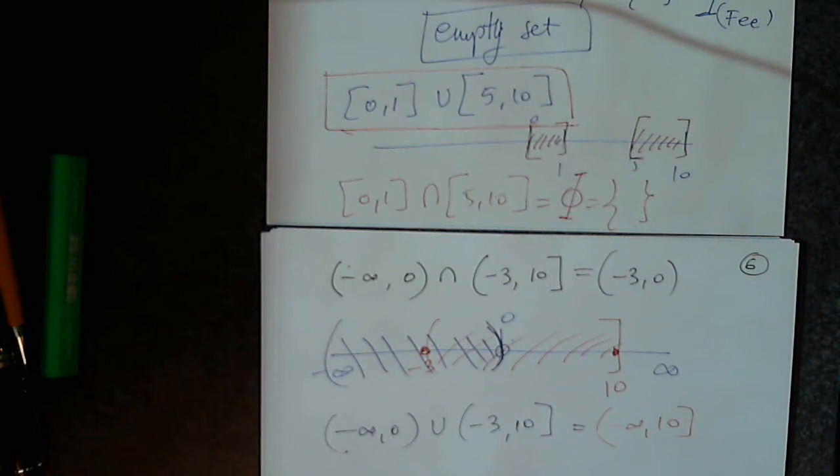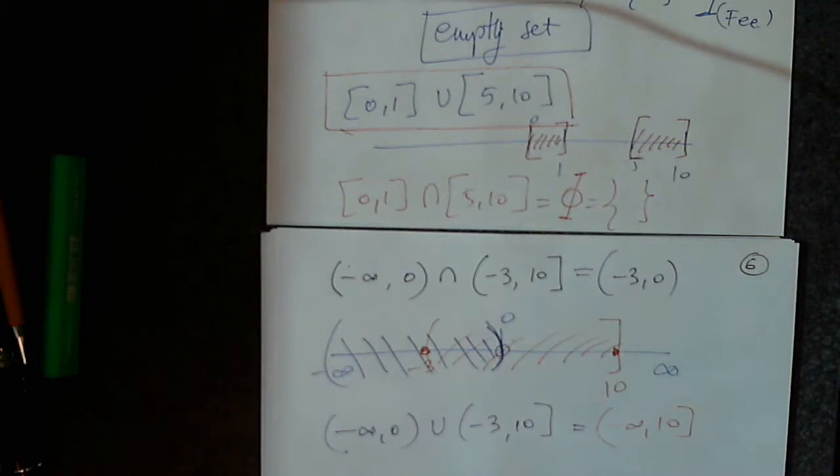So if it's in one of the sets, it will be in the union. The intersection says it must be in both to be in the intersection. That's why I call that a strong relationship. It requires two conditions to be fulfilled. Here and here, then it's in the intersection. But for the union, if it's here or here, it should be in the union.